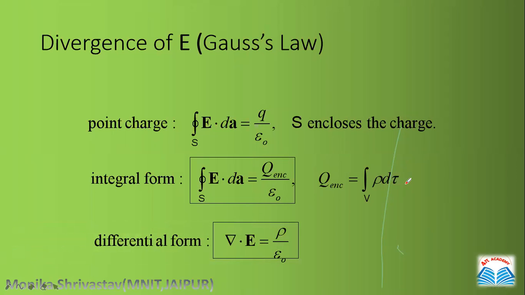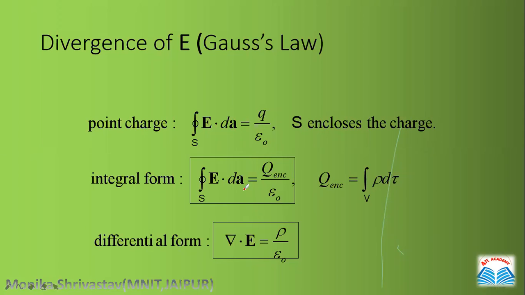If we want to convert it into differential form, we can just replace this Q enclosed by the integral of rho d tau. And this closed integral of E dot dA, we will convert using the Gauss divergence theorem, which says that the closed surface integral of any field is equal to the integral of its divergence over the volume.